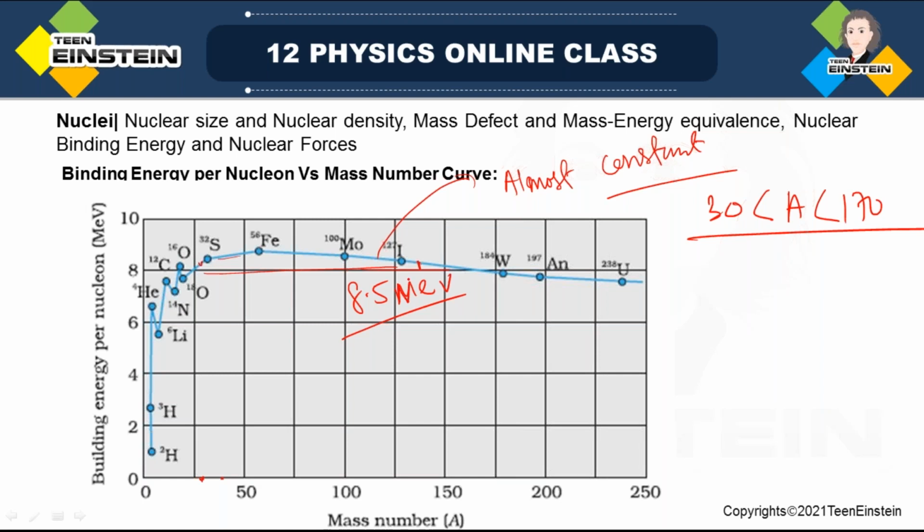This constant value is how much? 8.5 MeV per nucleon. You can see from here.